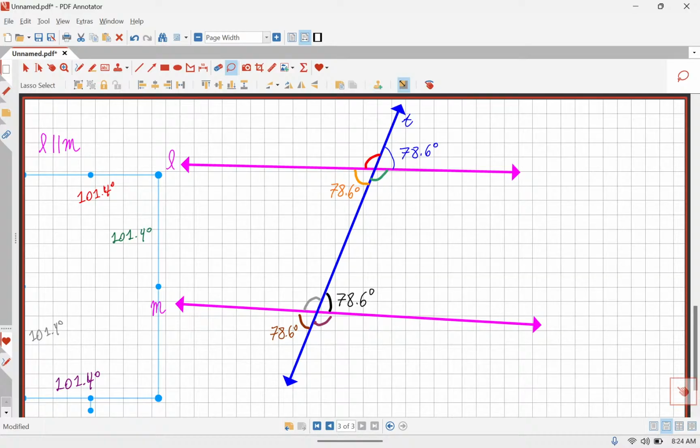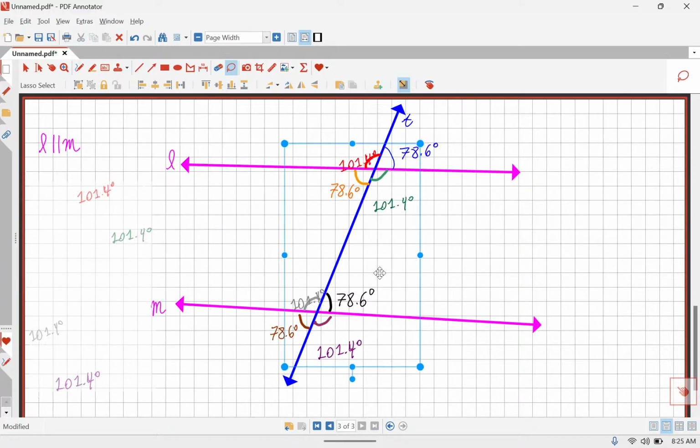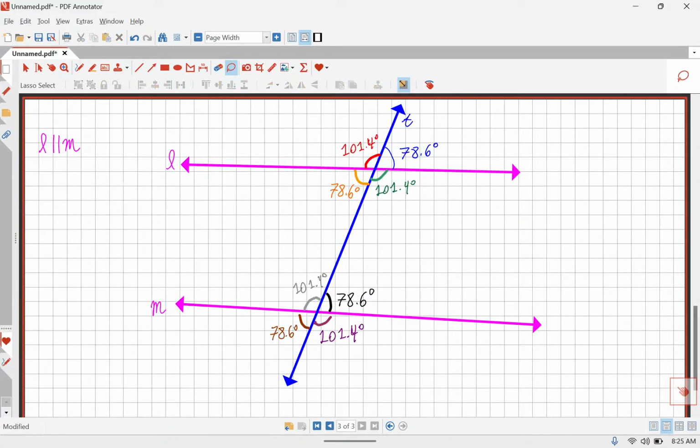So, Reese, did your paper ever look like this for a second? Yeah, so Reese filled in all of the 78.6s first. And then I heard her say, what? Do you remember what you said? Mm-hmm. Yeah, and then Reese just said, and the rest are 101.4. And that's absolutely true. Once you know all those, then you know that the rest have to be the same.